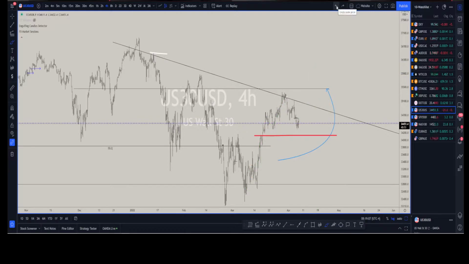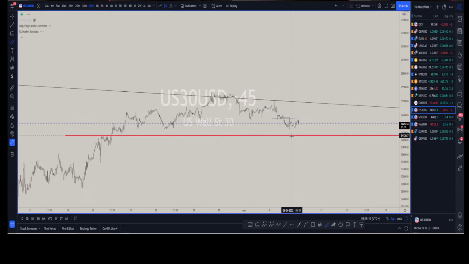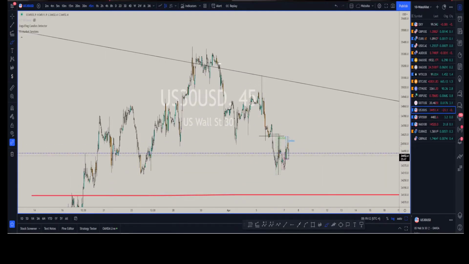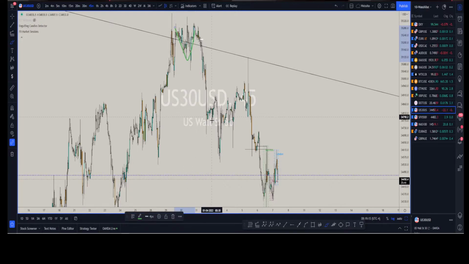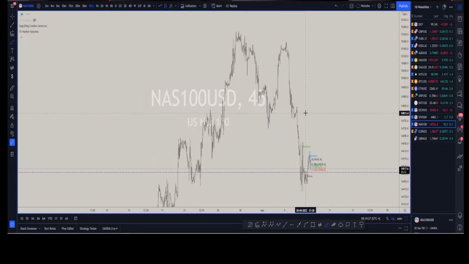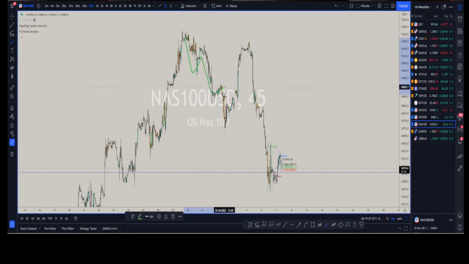And from the lower time frame perspective, you see 1, 2, 3, 4, 5 retraced beyond this. Let's look at NAS. Same concept. 1, 2, 3, 4, 5 retraced. It was a bit stronger beyond this rule. So I adopt this rule into most of my tradings before I enter.